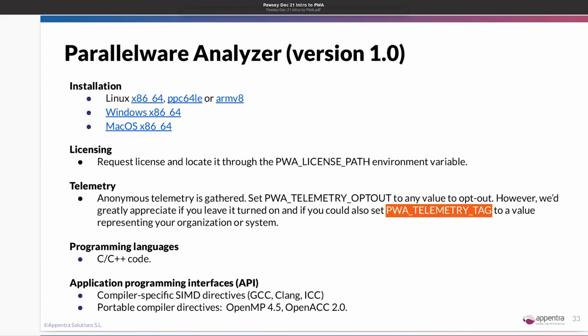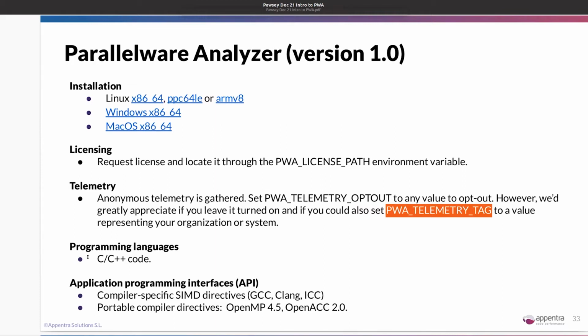So we introduced this telemetry tag to be able to correlate. Like I said, everything is anonymized. We don't know where it comes from, not even the IP address. So with this telemetry tag, we could establish this to Pawsey, for instance, and we will know which metrics are coming from Pawsey.